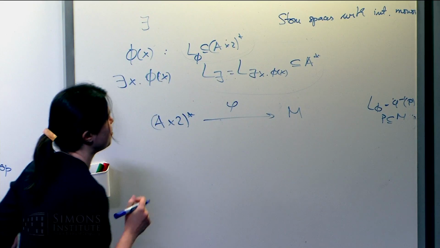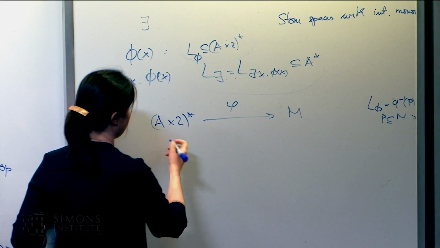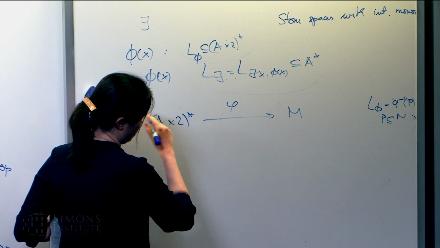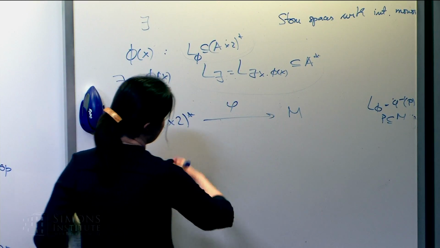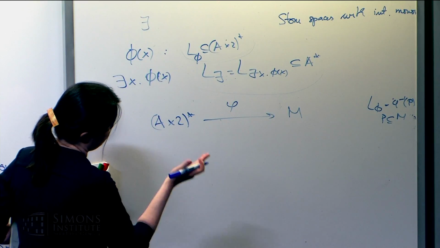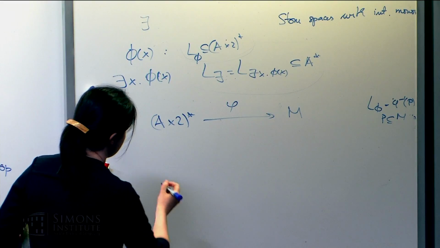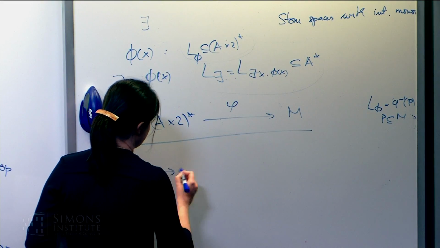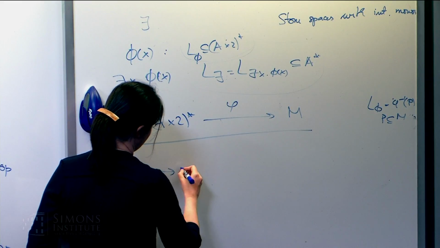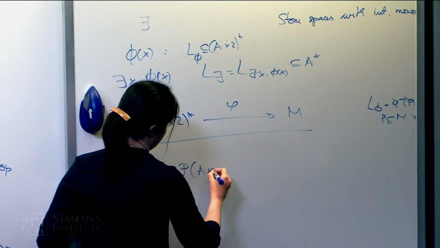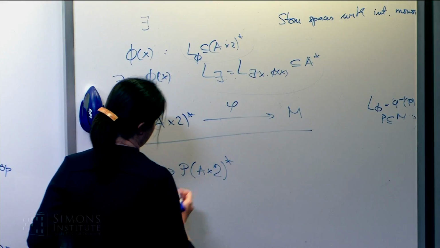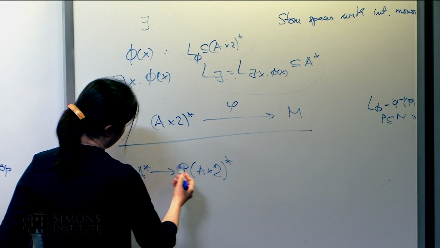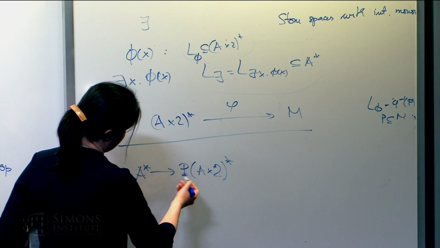Let's take first the regular case, to explain it at the monoid level first, and then we'll lift the argument to spaces. The way we do it is to consider a transduction in fact.